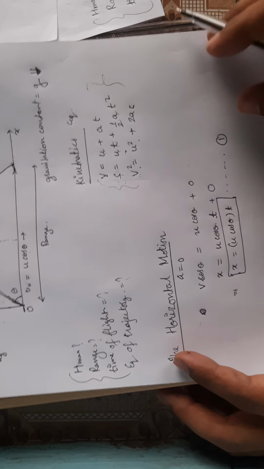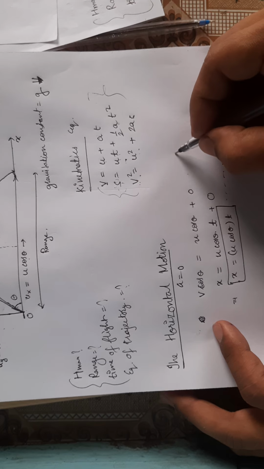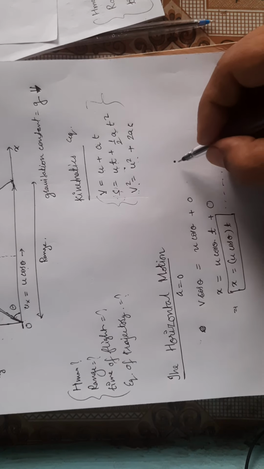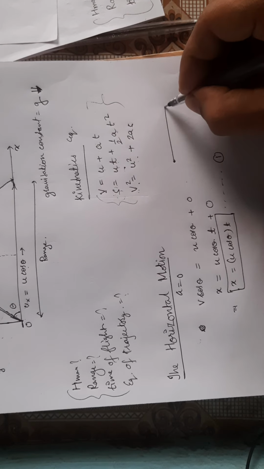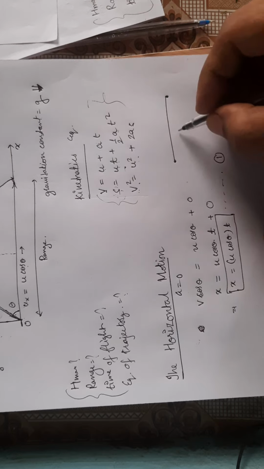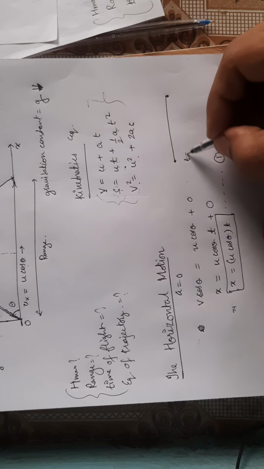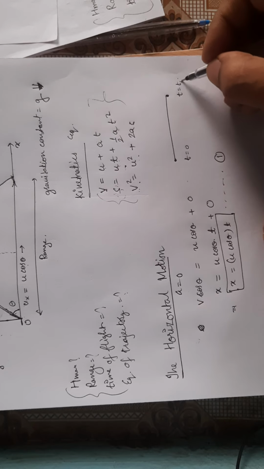Okay, here one thing is that the motion of the particle in the horizontal direction is seen as the particle starts from this point, and after time t it comes to the final point, at t equal to 0, t equal to final time tf.